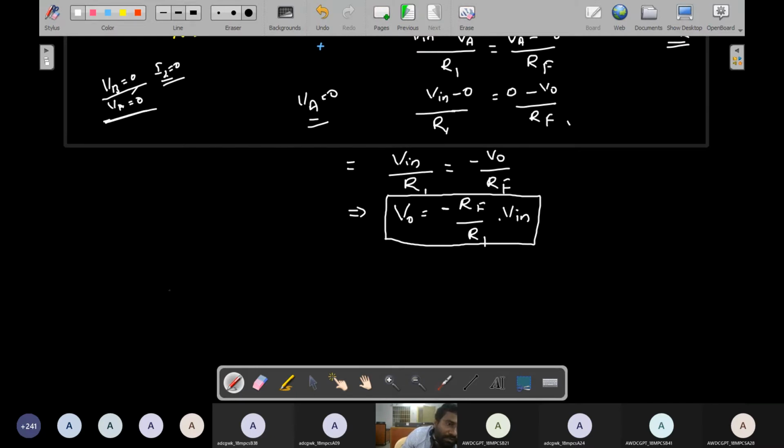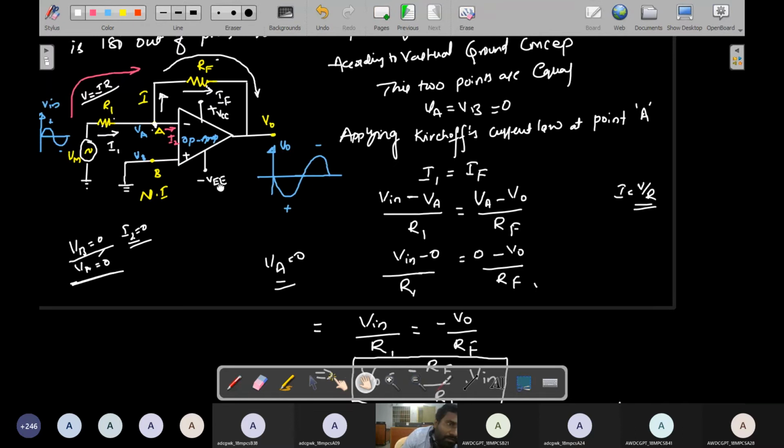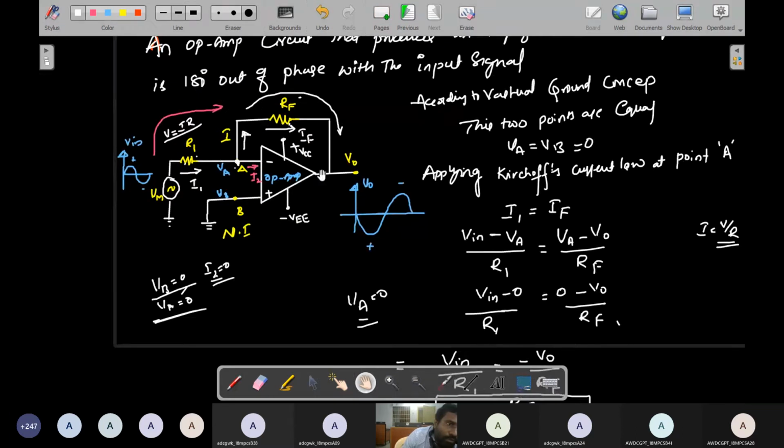But we know that the output voltage of operational amplifiers is V naught equal to gain times the input voltage. Is this gain open loop or closed loop?